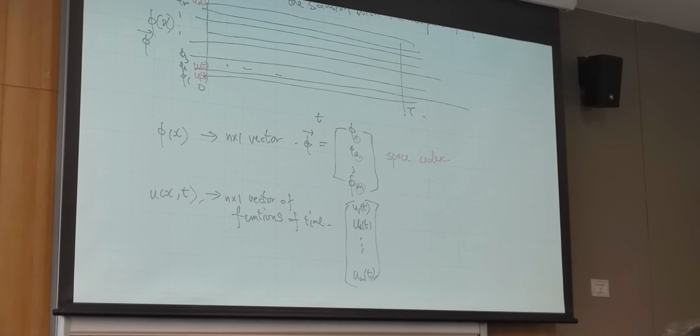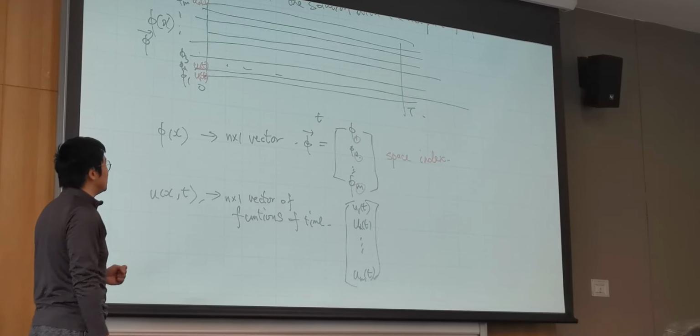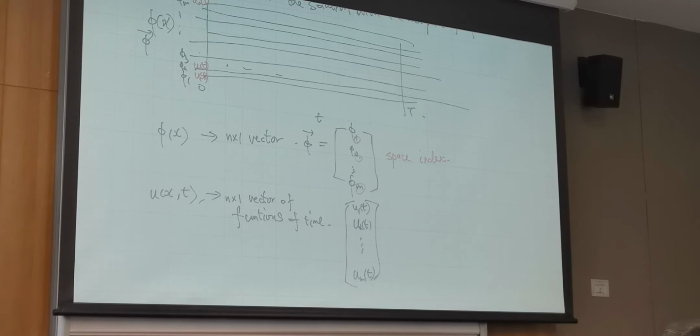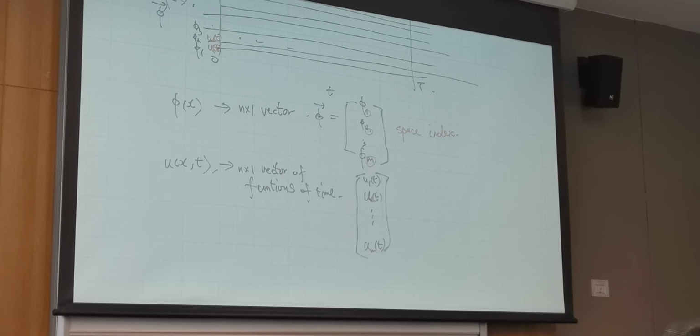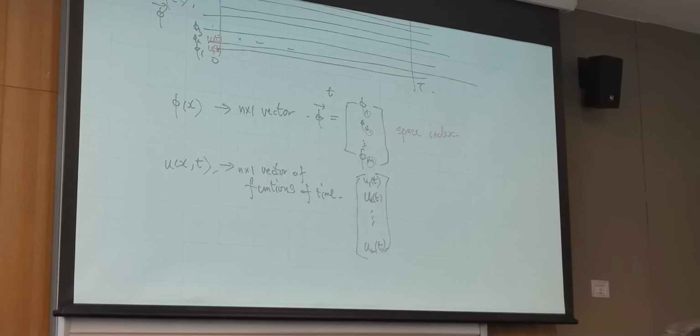And so this is the discretization of space. And of course I'm going to have my f x t, same thing. My f x t, of course, is again an n by 1 vector of functions of time.